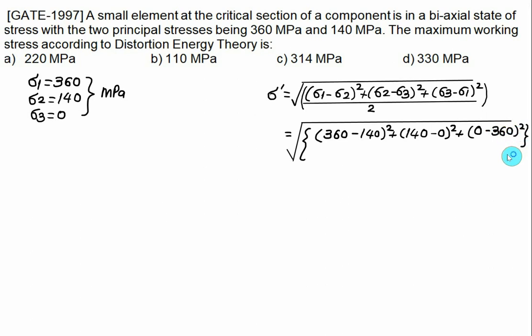Whole thing is divided by 2. Solve this, you will get the equivalent stress, that is the von Mises stress, equal to 314.27 megapascal. Close choice is C. So option C is correct.